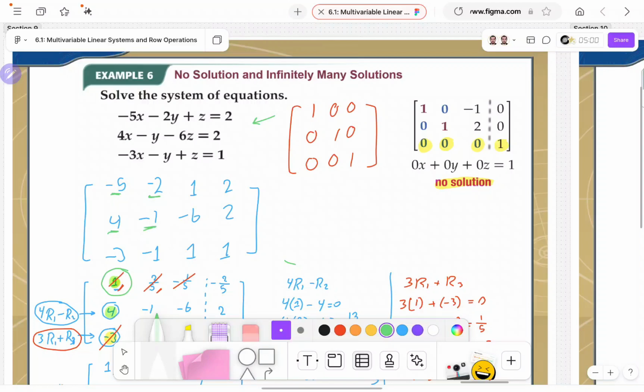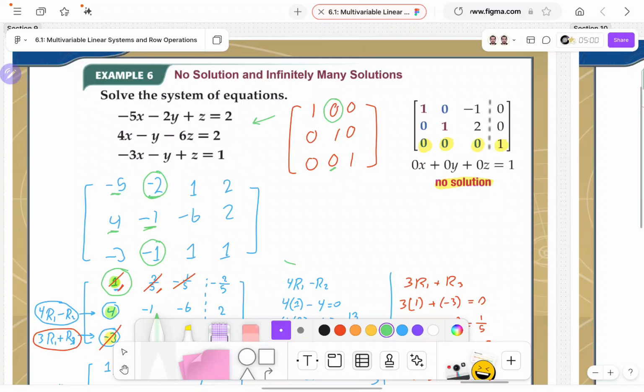We need to make this value equal 0 by combining row 1 with row 3. In row 1 it is negative 2, in row 3 it is negative 1. So I don't have to multiply with a fraction or any different number to solve this.